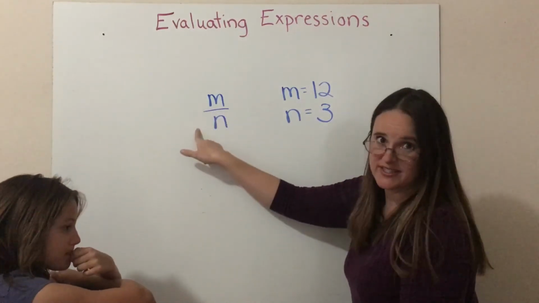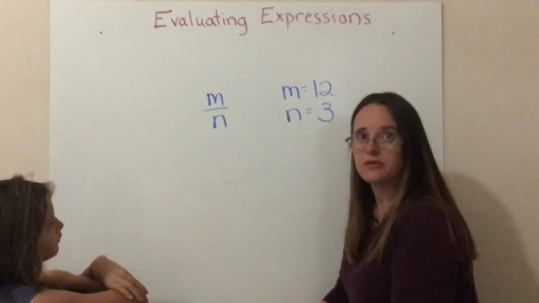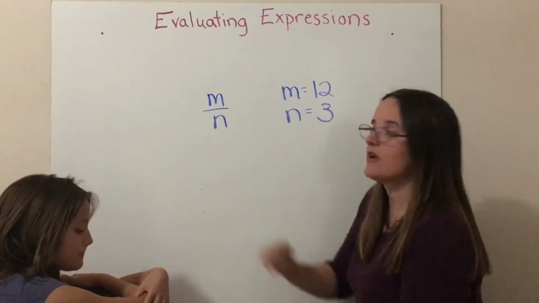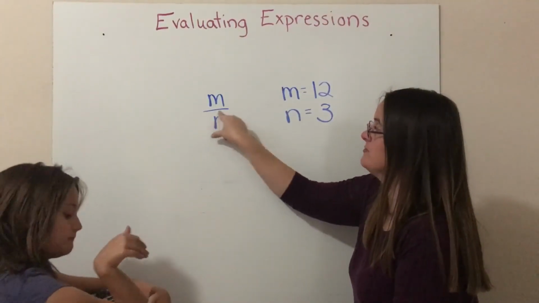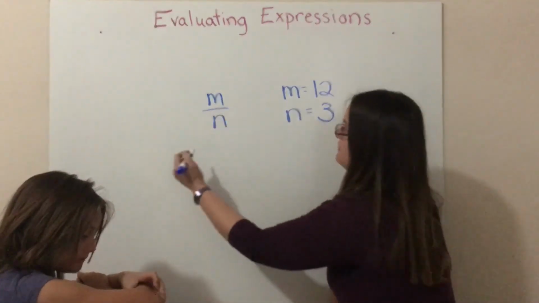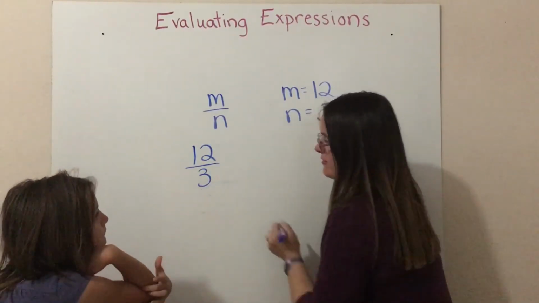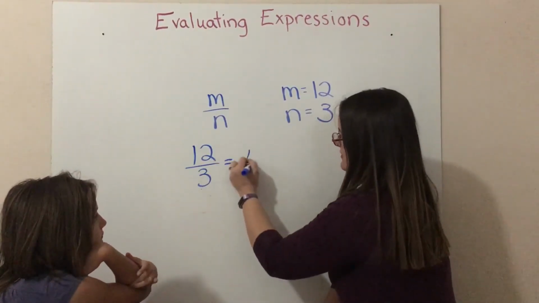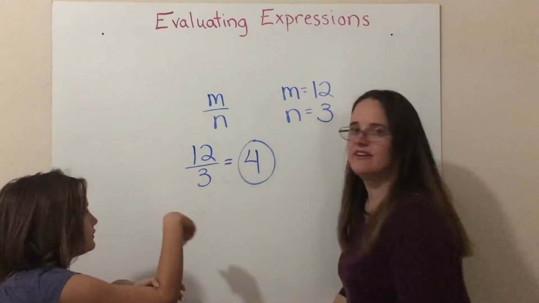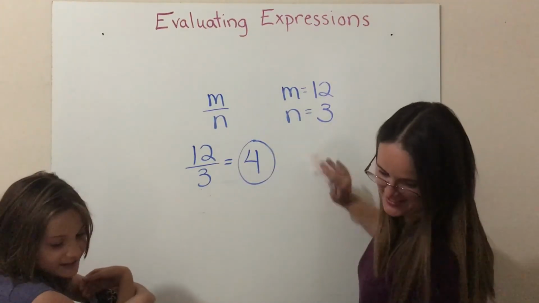So this looks like a fraction, and if you said, oh, they've got a fraction there, you would be absolutely correct. However, in 4th grade, we also know that this fraction bar is the same thing as a division symbol. So really what I'm asking is, what is 12 divided by 3? 4. 12 divided by 3 is 4. That's the final answer. Yeah, that one you've got memorized.